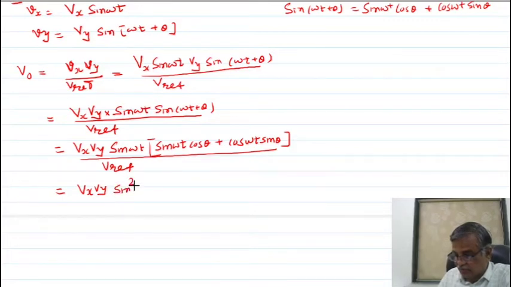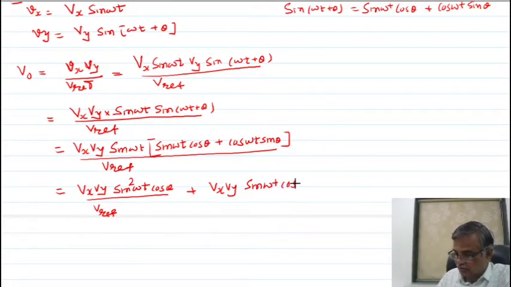Sin square omega t cos theta upon V reference plus, you can write Vx Vy sin omega t cos omega t sin theta upon 2.